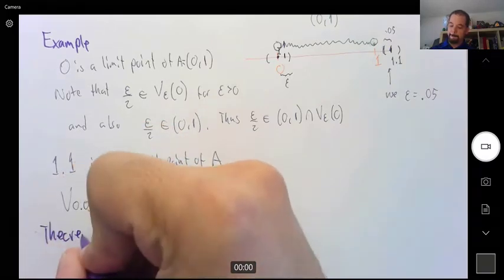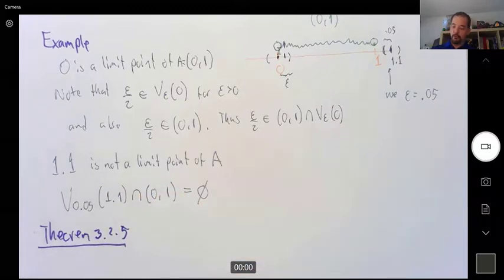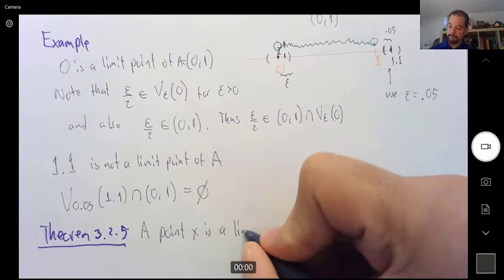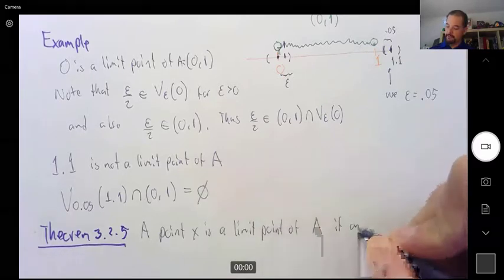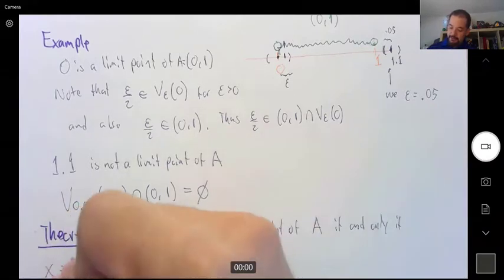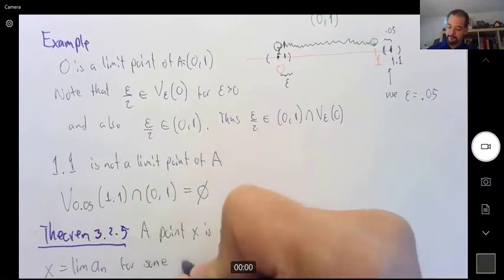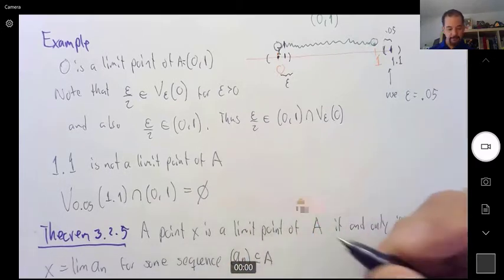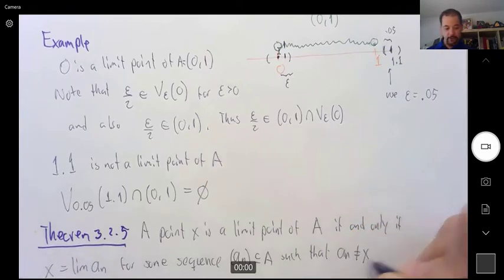Theorem 3.2.5 says the following: a point X is a limit point of A if and only if X is the limit of a_n for some sequence a_n of elements in A such that a_n is never equal to X.